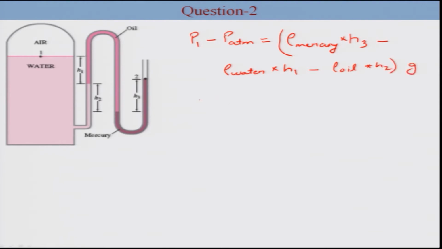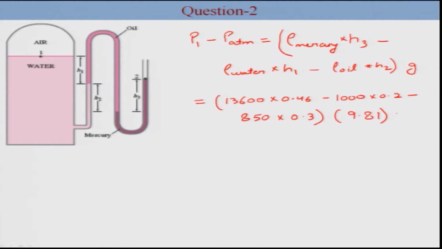So, putting all the values which are given in the question: density of mercury is 13600, h3 is 0.46, minus density of water is 1000 kg per meter cube, h1 is 0.2, and density of oil is given 850 and h2 is 0.3, and value of g is 9.81.